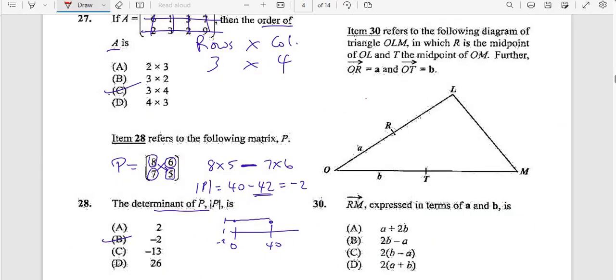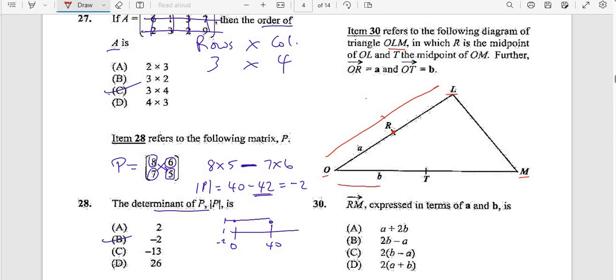All right, items 30 refer to the following diagram of triangle OLM. And we can see triangle OLM here. R is the midpoint of OL. So going from O to L, R is the midpoint right here. They also tell us that T is the midpoint of OM.